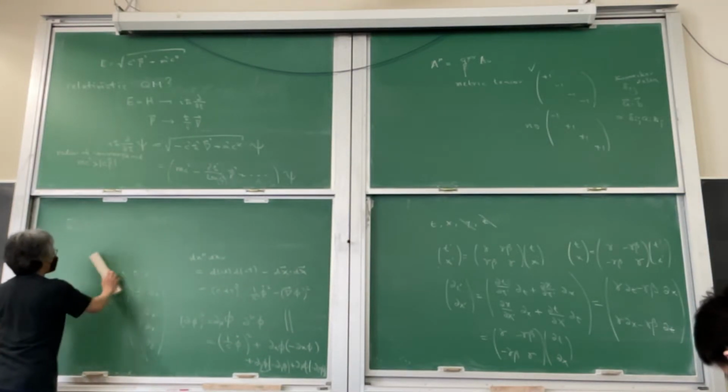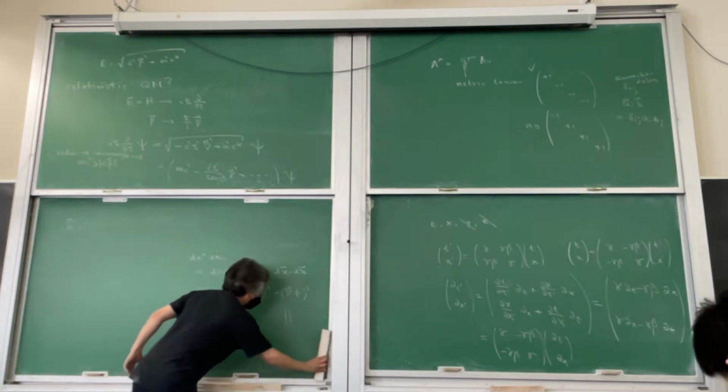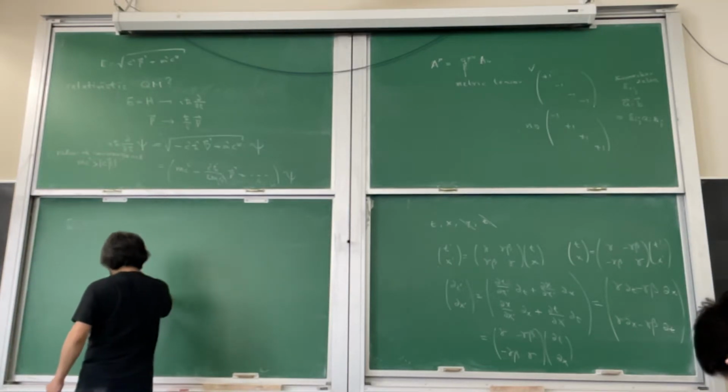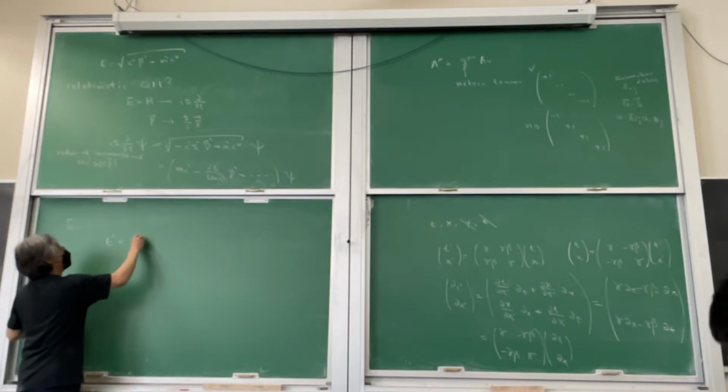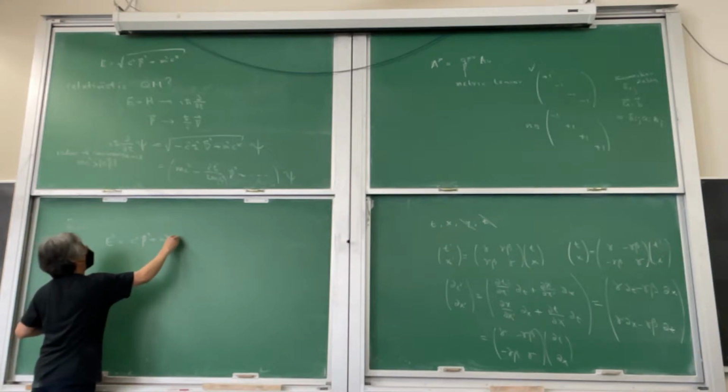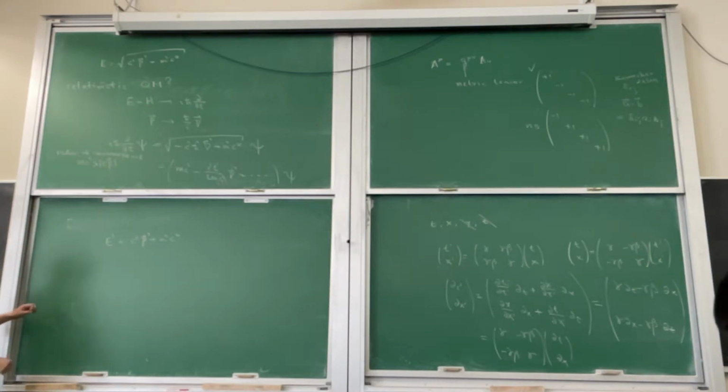Then you say, okay, if the square root is a problem, why don't we take the square of both sides and make this into a wave equation.